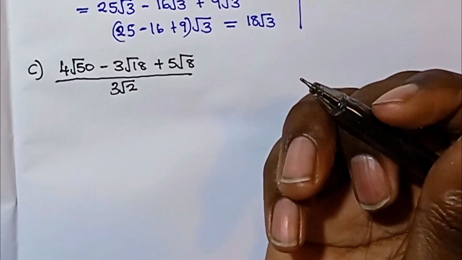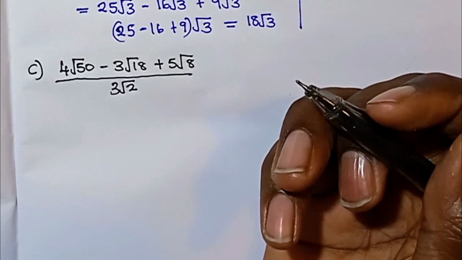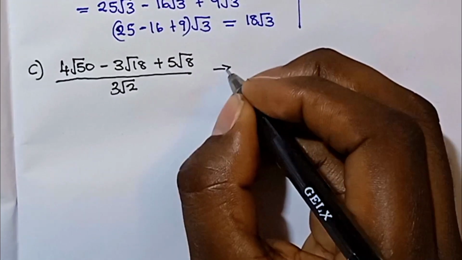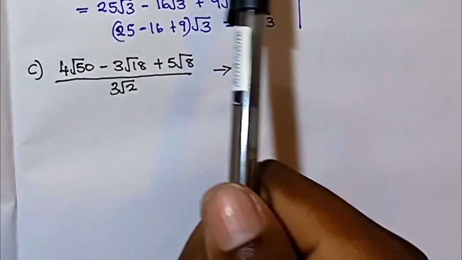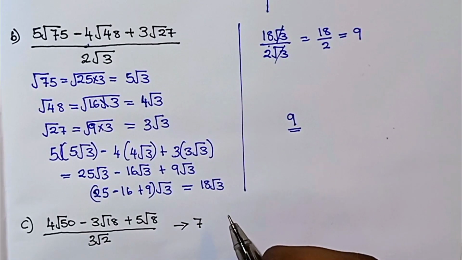What you should be expecting here as the final answer is 7. But first of all, try to use this step-by-step formula here to solve this. I hope you enjoy.